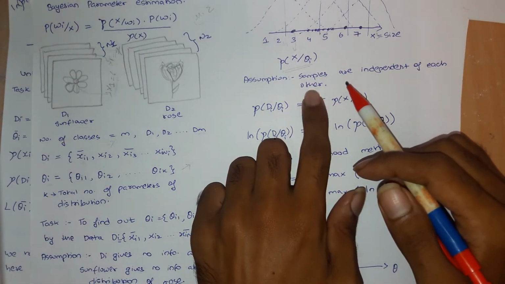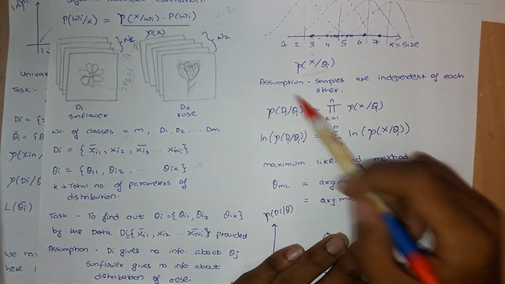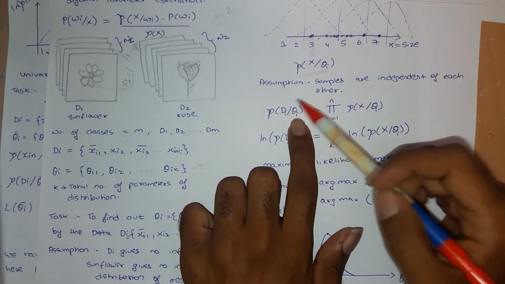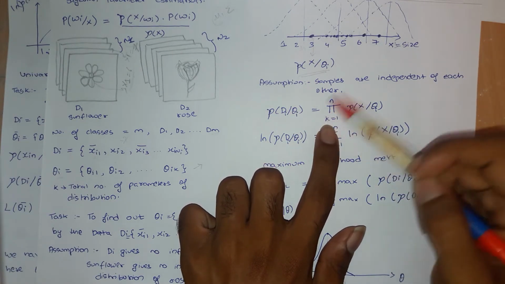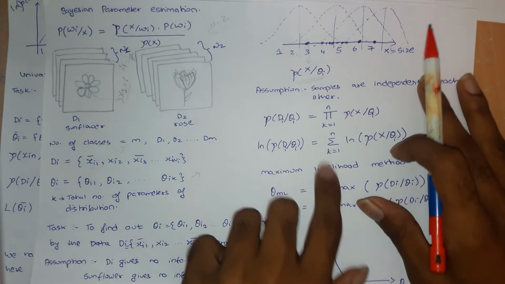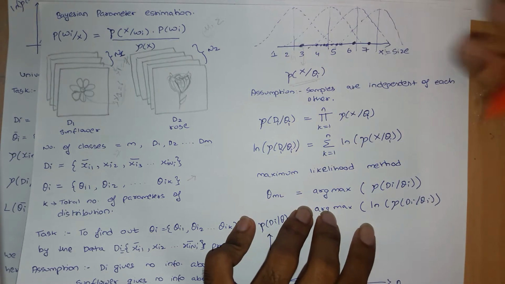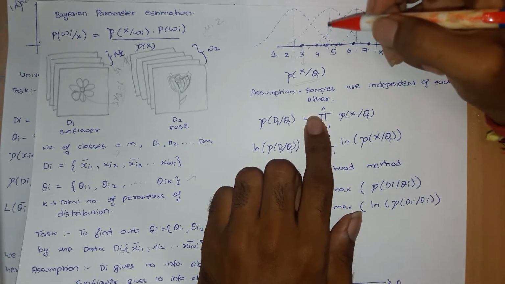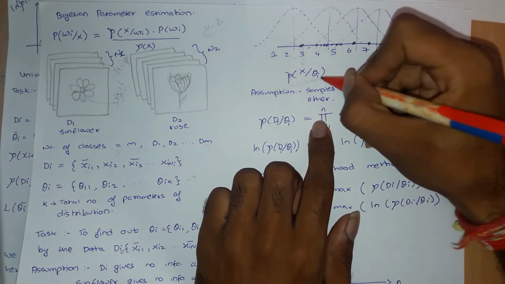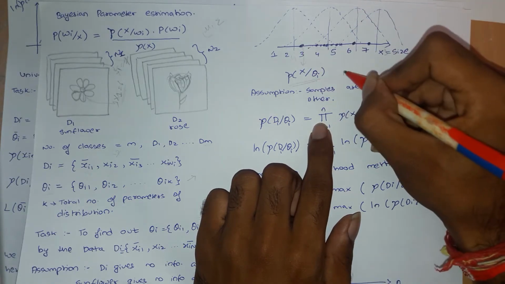If this is true, then the probability of the whole data set having parameter theta is nothing but the multiplication of the probabilities of every sample. Let me again visualize what we are doing. Say I took mean equal to 3 now.